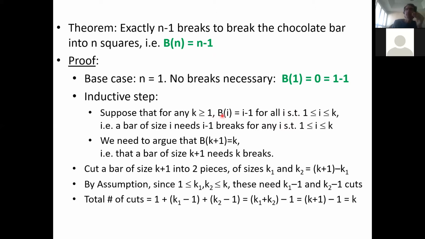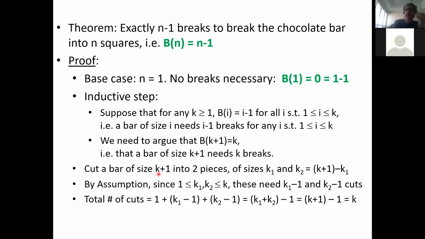If for any i in this range, cutting up an i element piece of chocolate requires i-1 cuts, then we will try to argue what I just said, that the k plus 1 element chocolate bar requires k breaks. And now here's the argument.